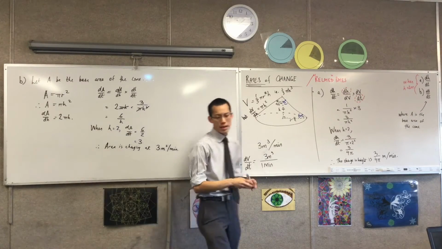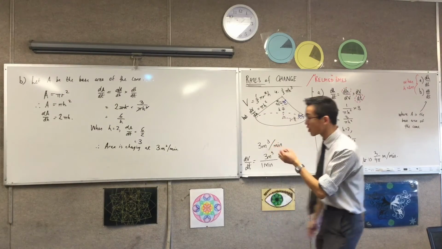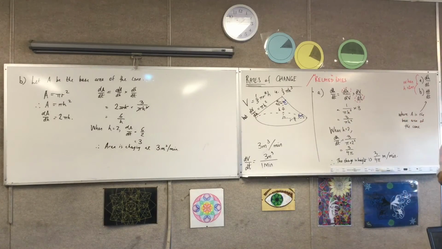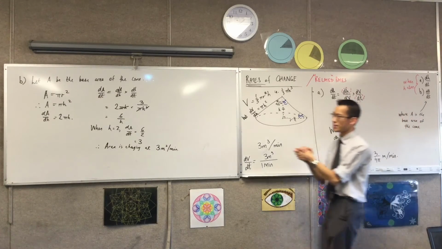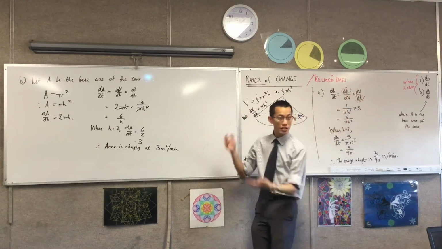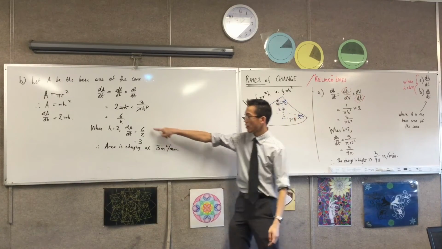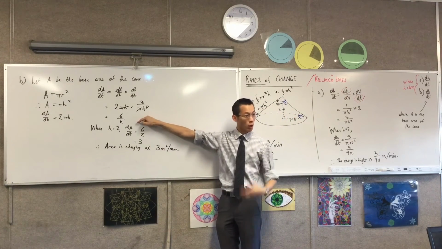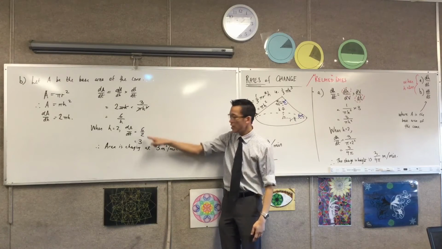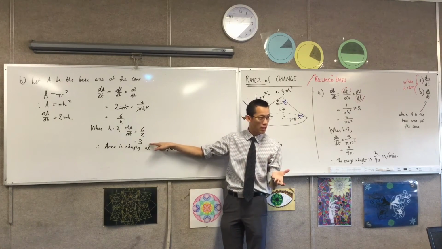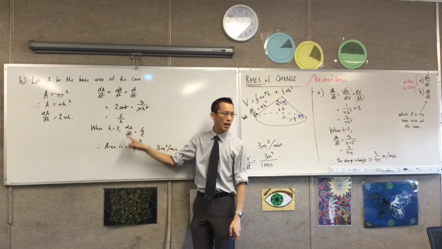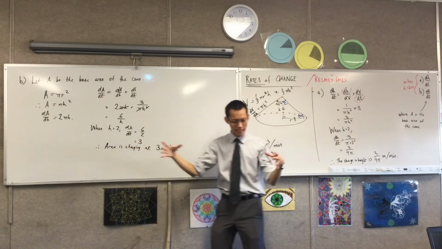Even though it's not relevant in this question, later on it will be, so I will just point out that just like a gradient of a line can be negative, a rate of change for a quantity can also be negative. If this was, say, -3, what would that mean about the area as time progresses? It means it's getting smaller and smaller.